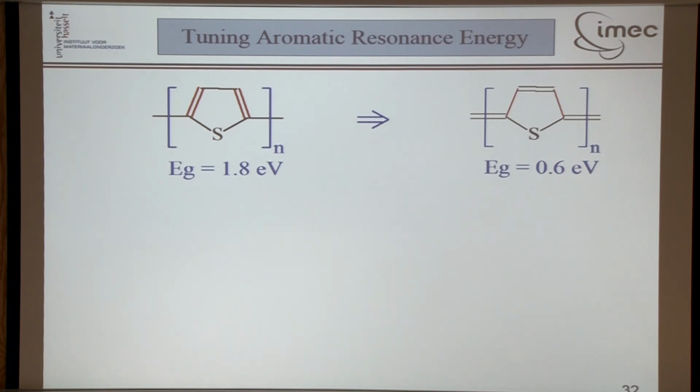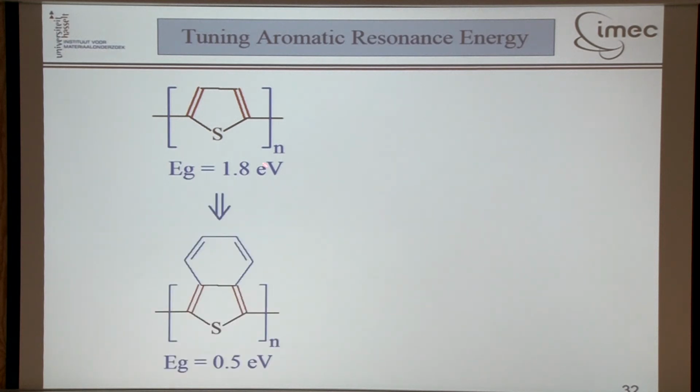But let's play with aromaticity and see how it affects band gap. So we have a band gap of 1.8. If I go to the quinoid structure, which is non-aromatic, I have a band gap that's much lower. That we have mentioned already. We disturb the aromaticity of the thiophene ring by building in this bridge, and you see that the band gap goes down.